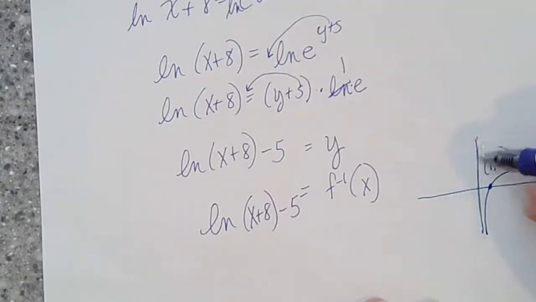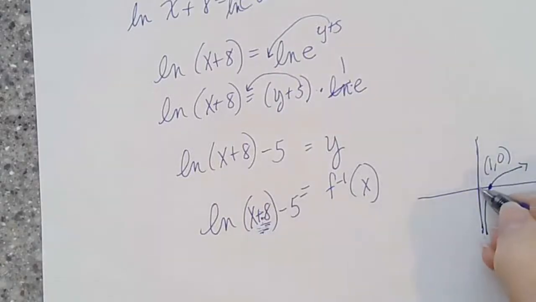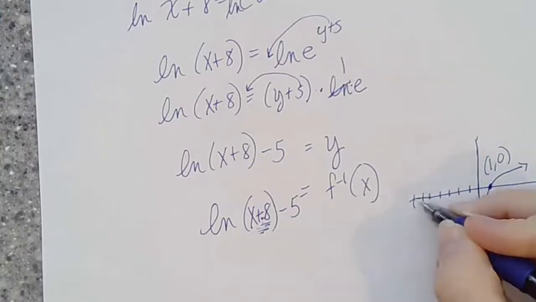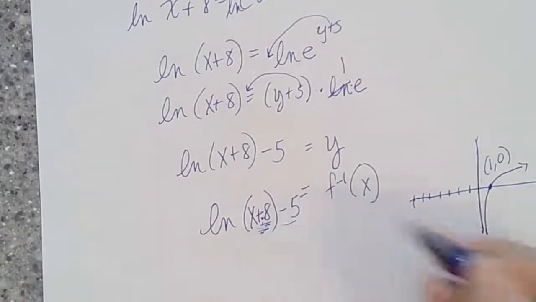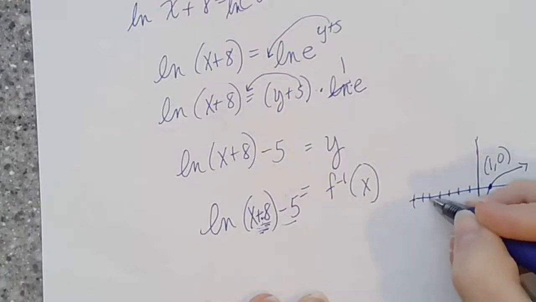And again, because it's in parentheses, that's the x shift. It's grouped with the x. It'll move it back 1, 2, 3, 4, 5, 6, 7, 8 places, and then this will shift it down, which won't really affect things as much, but as far as how it looks, it does. This point is moved back 8, and then down 5 places, same shape, but just shifted into a new spot.